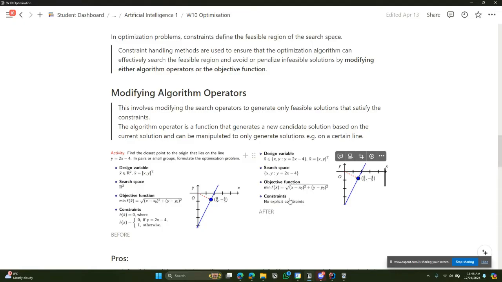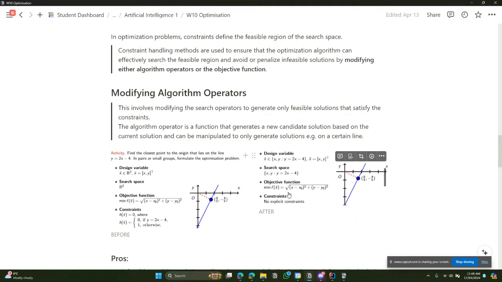That's not only saving us the computation time of generating bad solutions, but it's also saving us the computation time of going through each solution and seeing if it passes the constraints, because we've removed any possibility for it to generate an infeasible solution, meaning it only generates feasible ones, which means we can remove any constraints because we don't need them anymore. It's only generating feasible solutions.